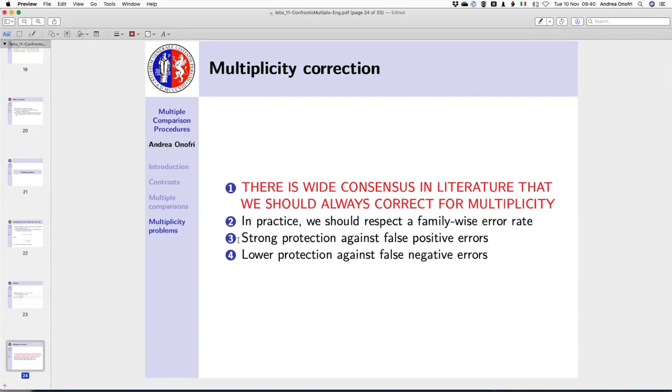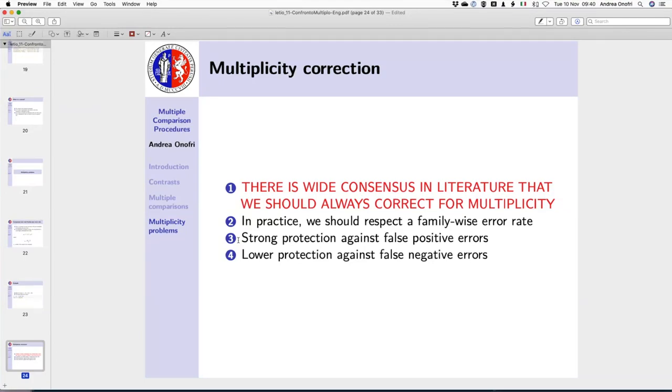First of all, I have to tell you, and we can read the red statement together because that's very important. There is wide consensus in literature that we should always correct for multiplicity. So this is very important.